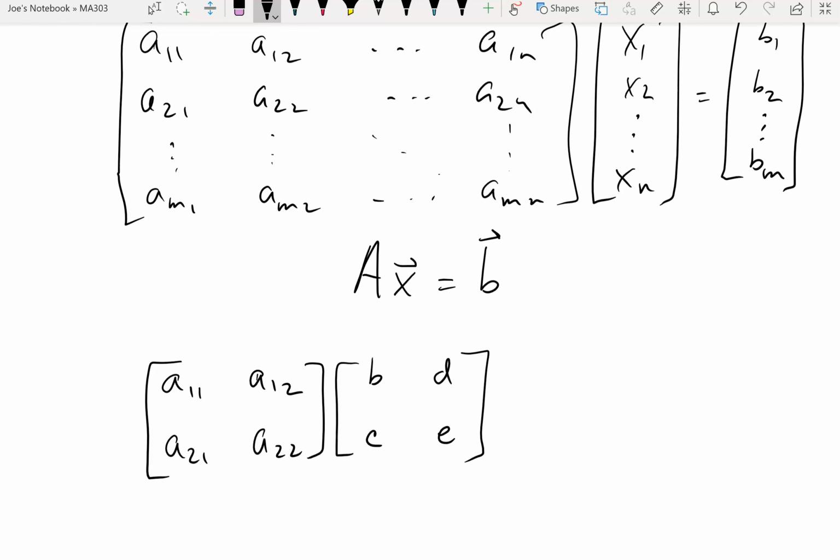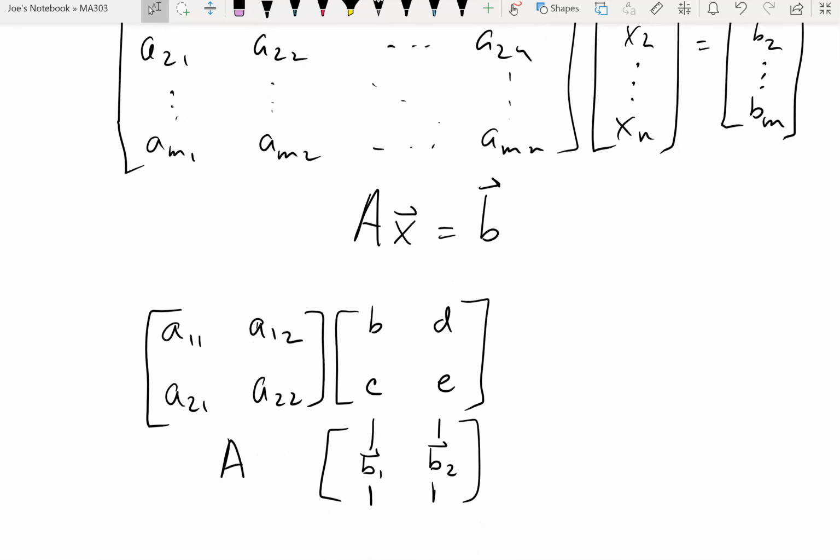Okay? So one of the ways we can write this is if I call this matrix A, and I have a column vector that forms the first column, and a column vector that forms the second column, and I'm only putting those little vertical lines on it to denote that it's stretching out over the entire column. That's just my notation to tell you that I'm talking about a whole column of entries.